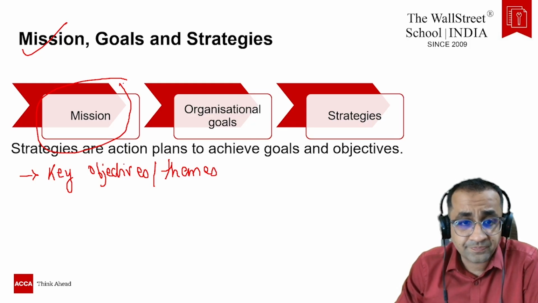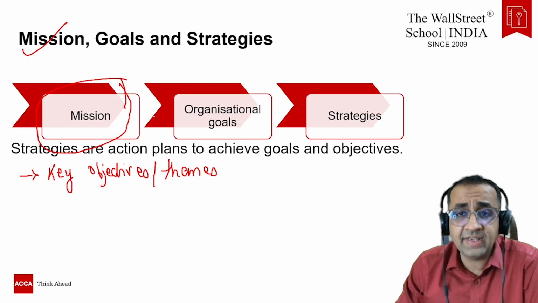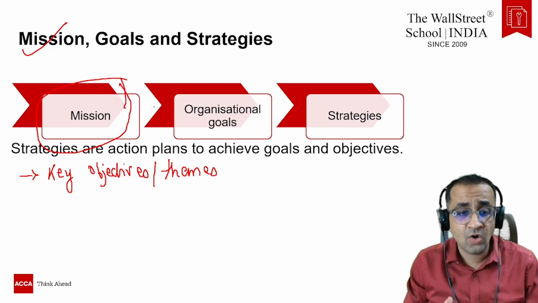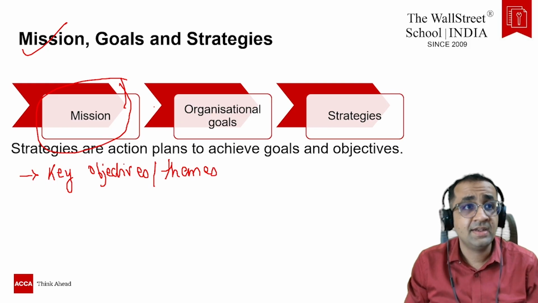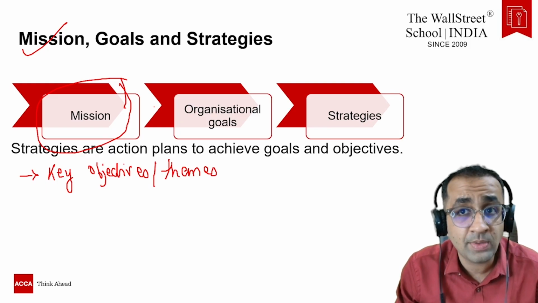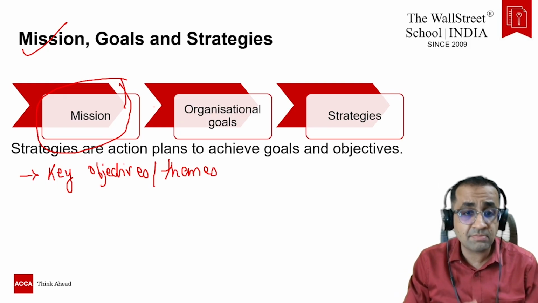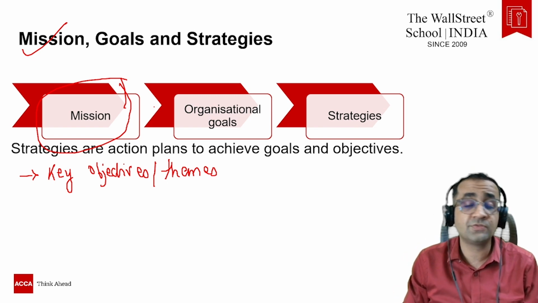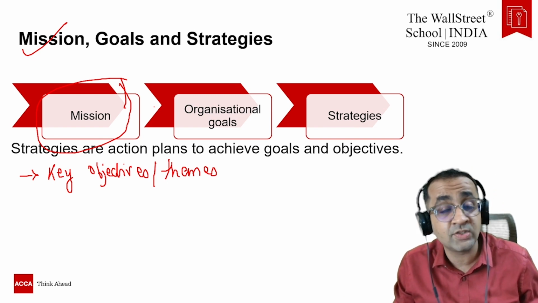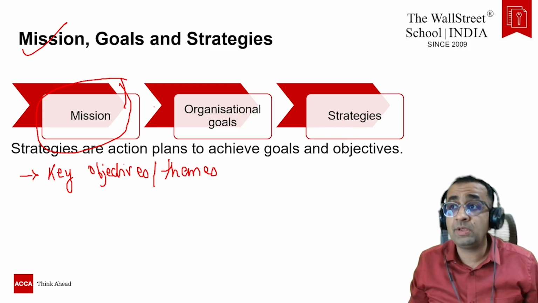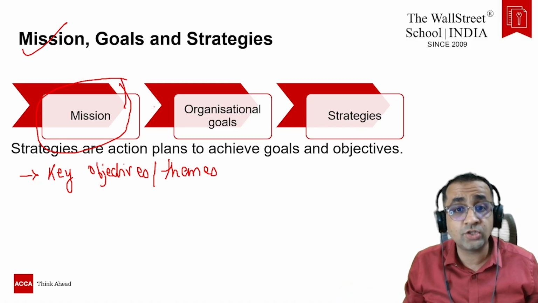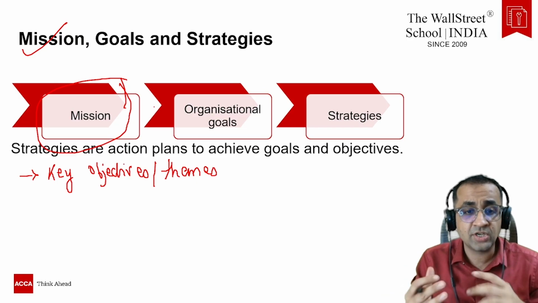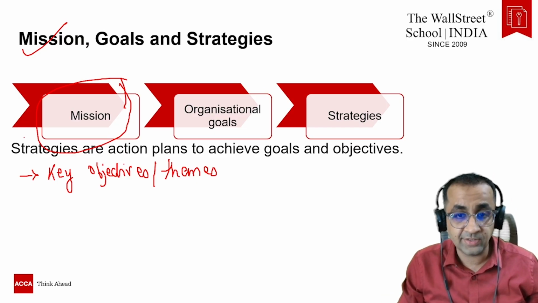The first step is to define the mission. Why do we exist? What is our role? Now, some organizations can say that we want to be pioneers in innovation. Some can say pioneers in R&D. Some want to be pioneers in employee satisfaction. Some want to be pioneers in customer satisfaction, or a mix of these. And that is what is called the mission statement of any organization.